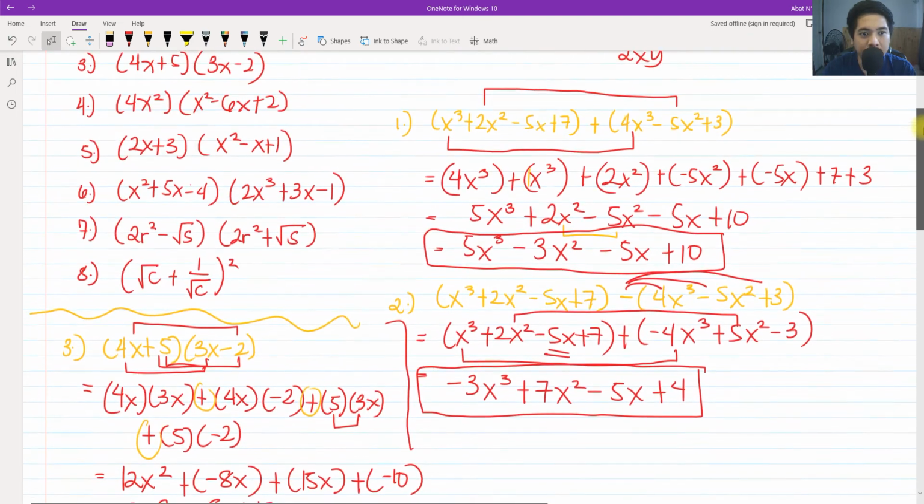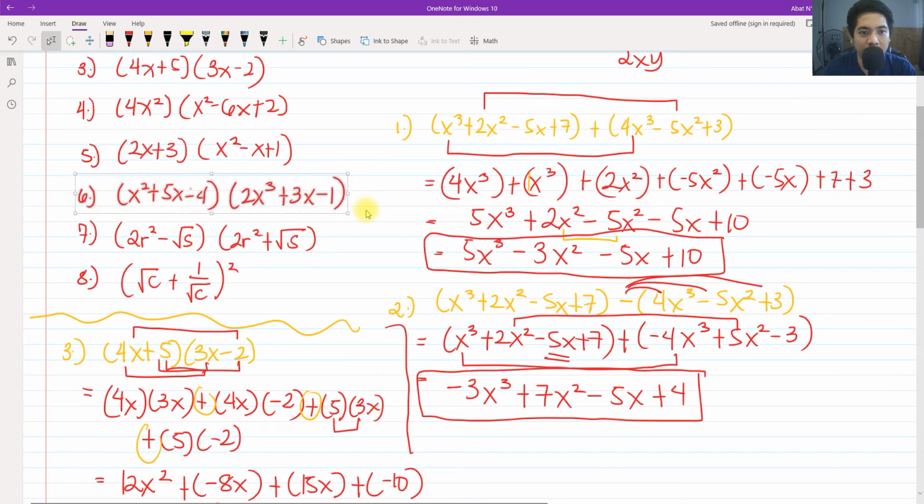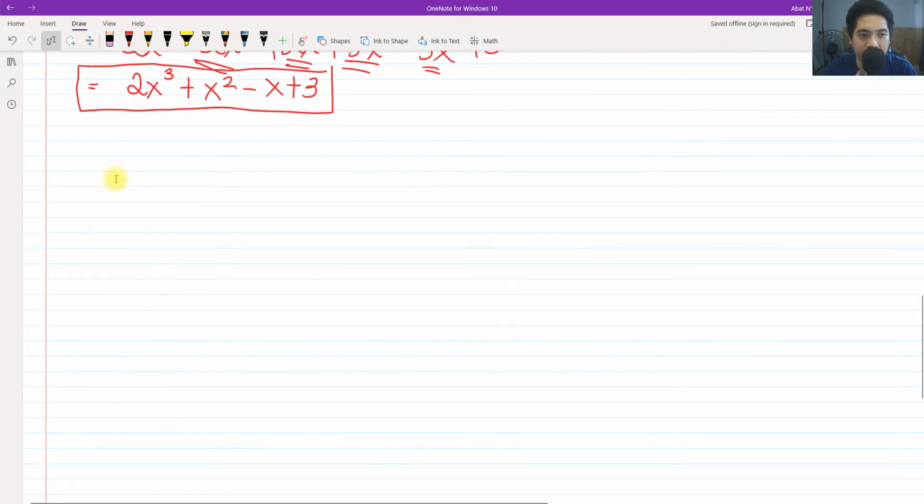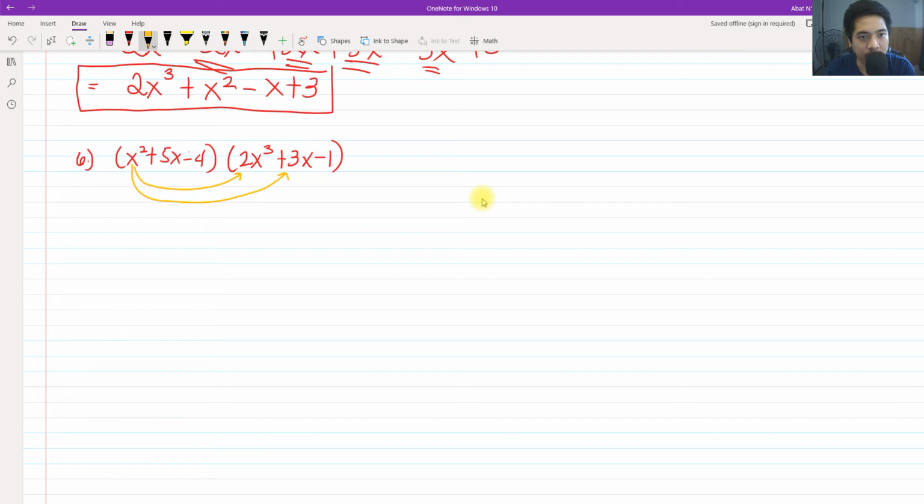Okay? So for number 6, we have trinomial to trinomial. The same process that we are going to do. So we have x squared plus 5x minus 4 multiplied by 2x cubed plus 3x minus 1. So first, I'm going to multiply x squared by all of these terms.